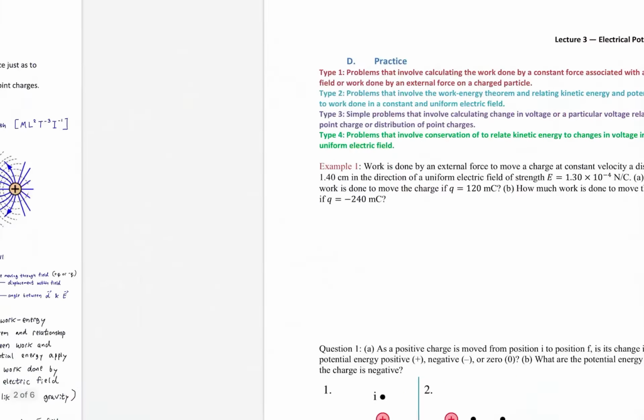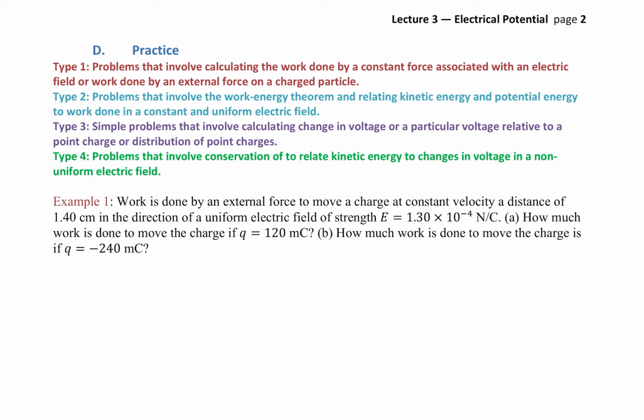We have 4 types of problems that I want to show you. Type 1, problems that involve calculating the work done by a constant force associated with an electric field or work done by an external force on a charged particle. Type 2, problems that involve the work energy theorem and relating kinetic energy and potential energy to work done in a constant and uniform electric field. Type 3, simple problems that involve calculating change in voltage or a particular voltage relative to a point charge or distribution of point charges.